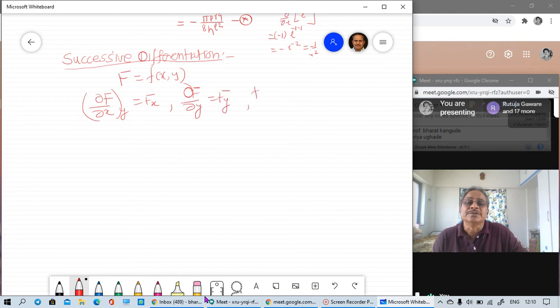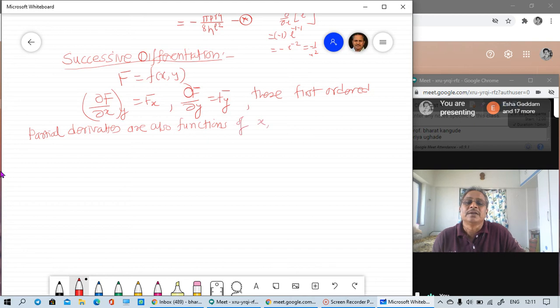Okay, these first ordered partial derivatives are also functions of x and y.